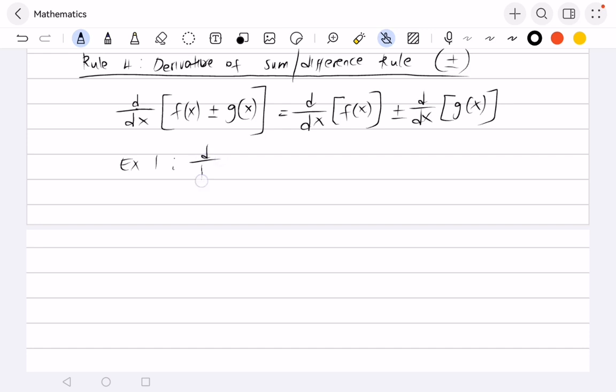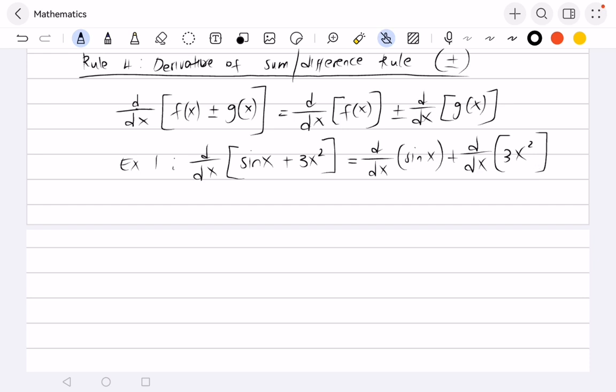For example, suppose you have example 1. Suppose you have the derivative of f of x, which is sine x plus 3x squared. This is equal to the derivative of sine x plus the derivative of 3x squared.